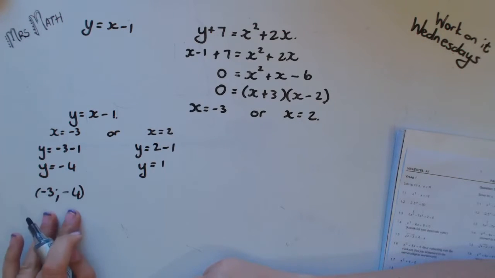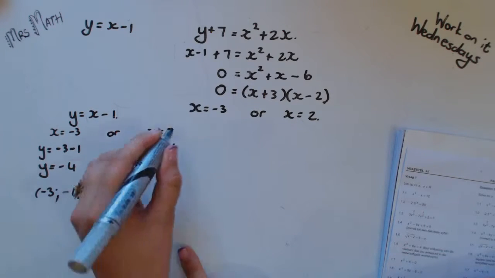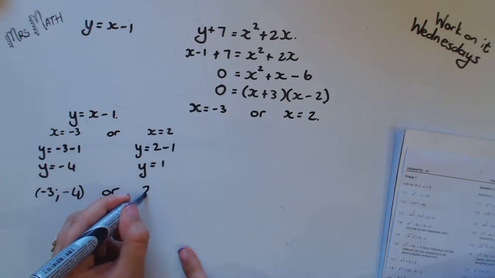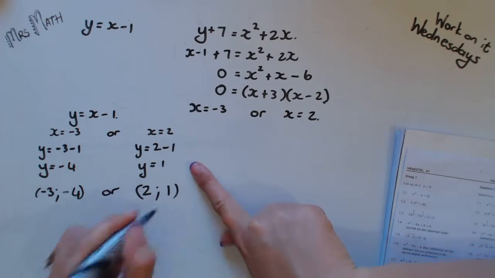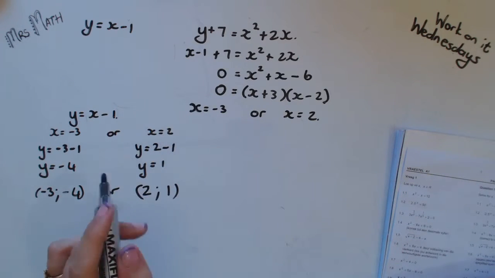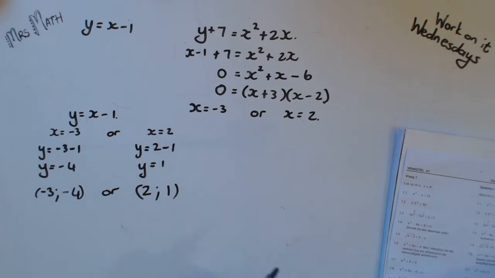So these two go together. And then I've got an x that is 2, and that y that goes with it is 1, and that's my answer. I've got two sets of solutions, x and y.